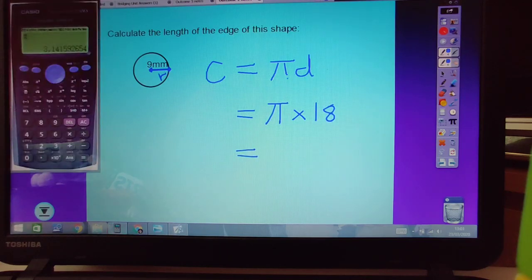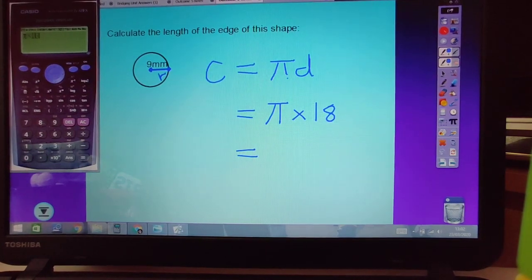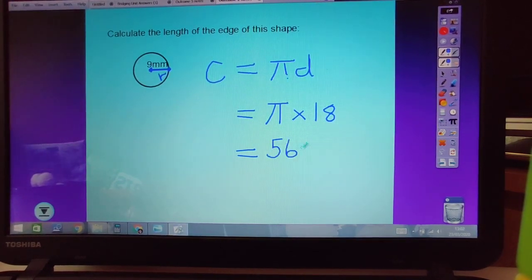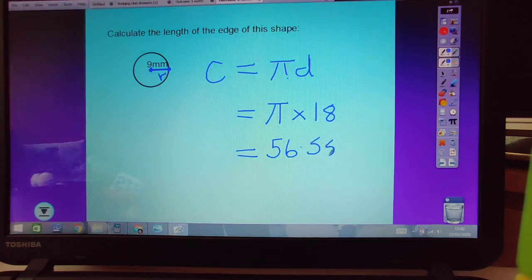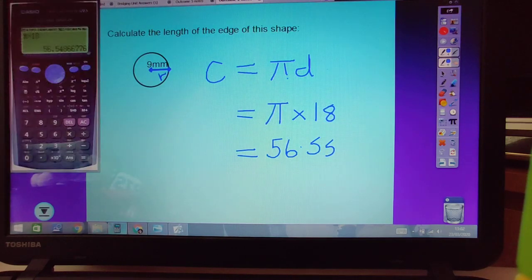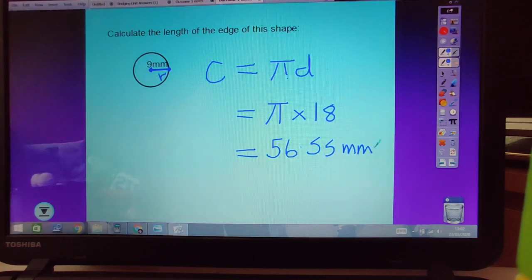Popping it in our calculator, again, shift science button to get your pi, multiply 18, giving us 56.55 if we round. And the reason for that is the 8 at the end. This is in millimetres, it's just a length, so the units would stay millimetres.